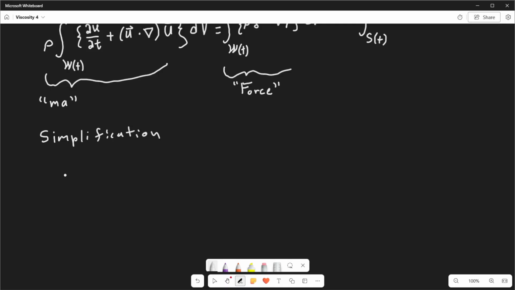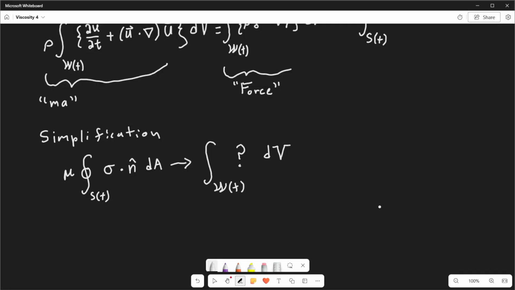I want to take this integral, which is the surface integral, times the tensor dA, and turn it into something that is a volume integral over the volume W, something dV.